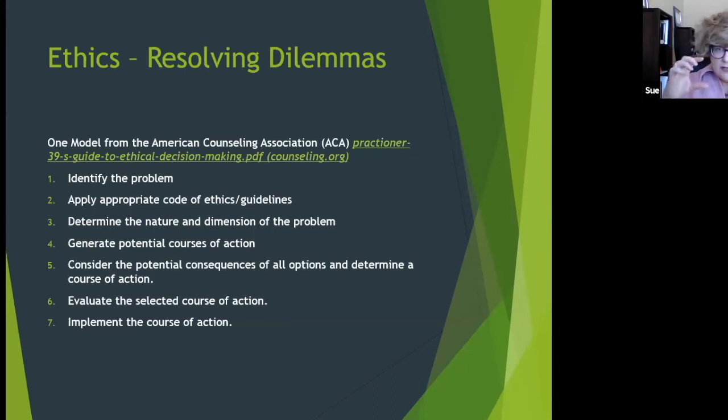Now, one of the things to write into your contract and be very clear about at the very beginning when you're supervising someone, from the standpoint of confidentiality, is that you are doing your own supervision of supervision.